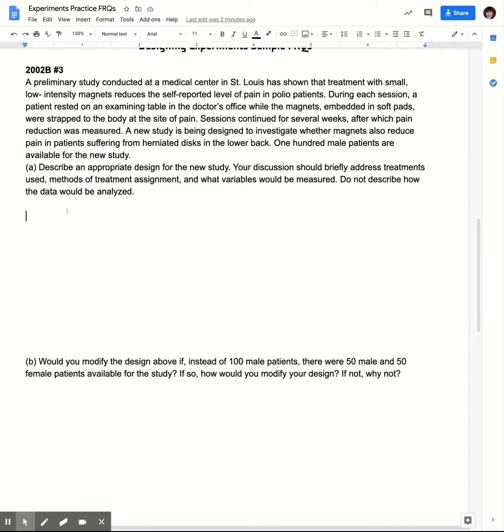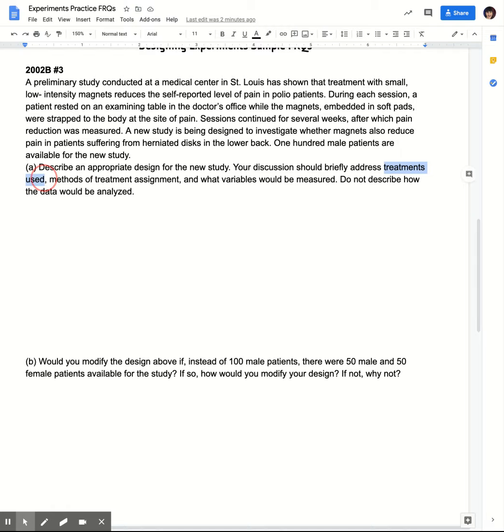Okay, so part A says describe an appropriate design for the study. So again, this is very similar to the first one, where we want to design an experiment for this new study using the magnets for herniated discs. Okay, and then it gives you some information here, which says your discussion should briefly address the treatments used.